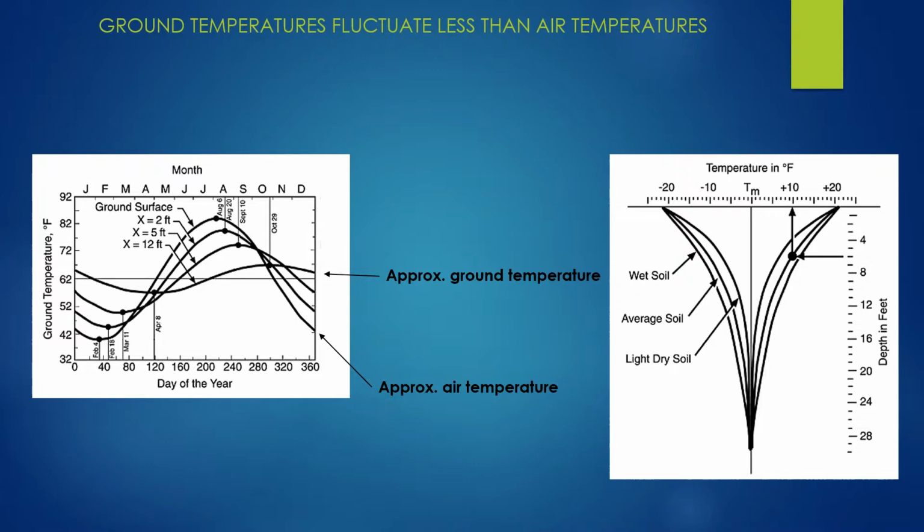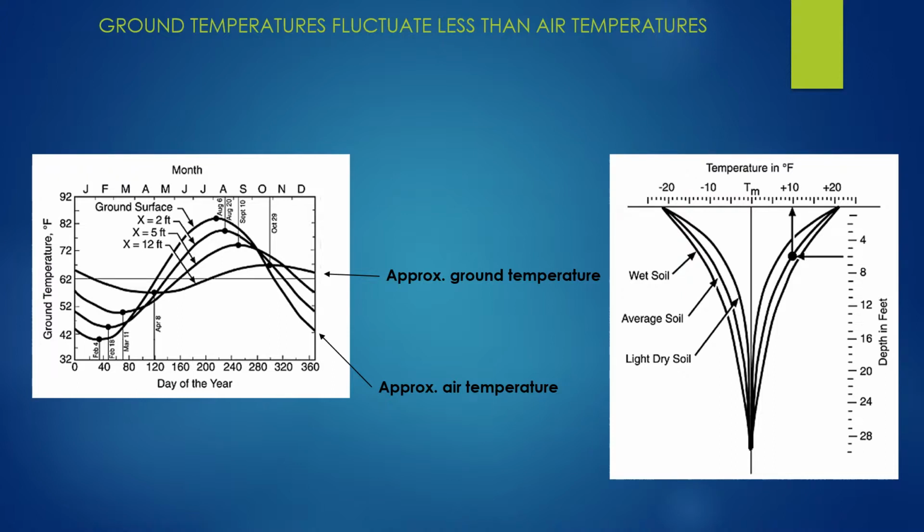Air temperature can be approximated by the surface ground temperature, and at a depth of around 12 feet, the ground temperature, as you can see, that smallest curve, fluctuates very little, and that's where you get your most benefit for an in-ground heat pump system. You use this relatively consistent temperature to pull heat into the house when it's really cold outside in the wintertime, and to put heat into it when it's really hot outside in the summertime.